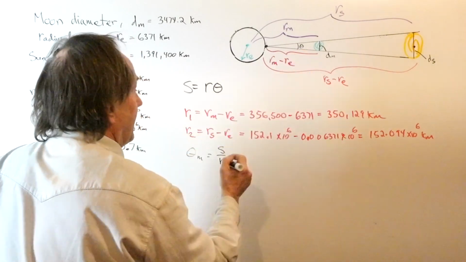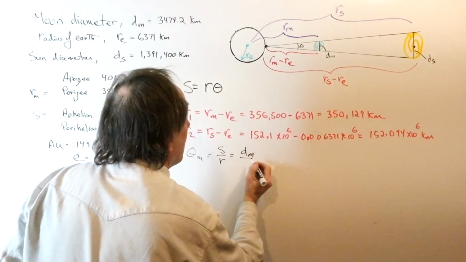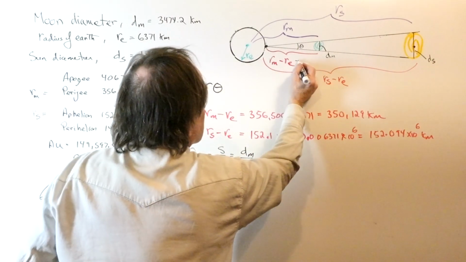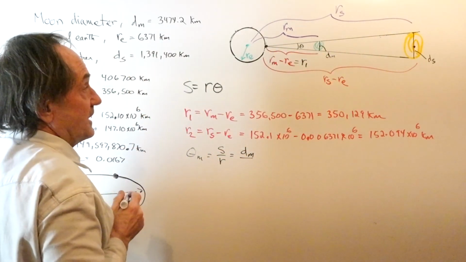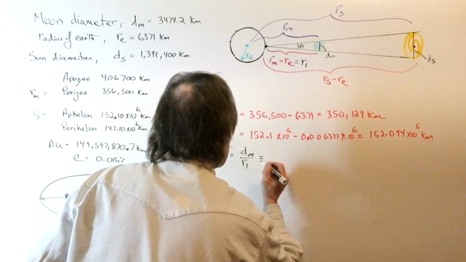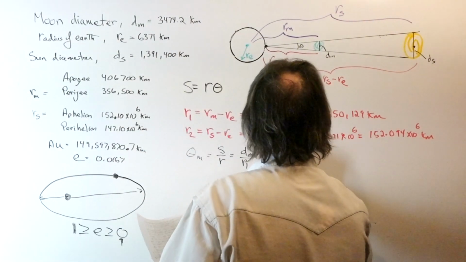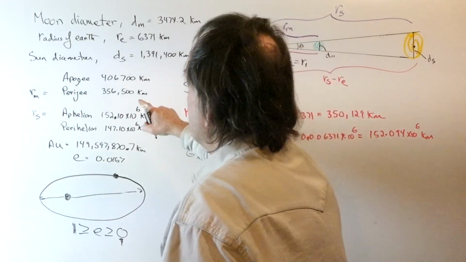S is the diameter of the moon, and R is our R1, the value from the surface of the Earth to the center of the moon. Putting in the numbers, the diameter of the moon is 3474 kilometers.